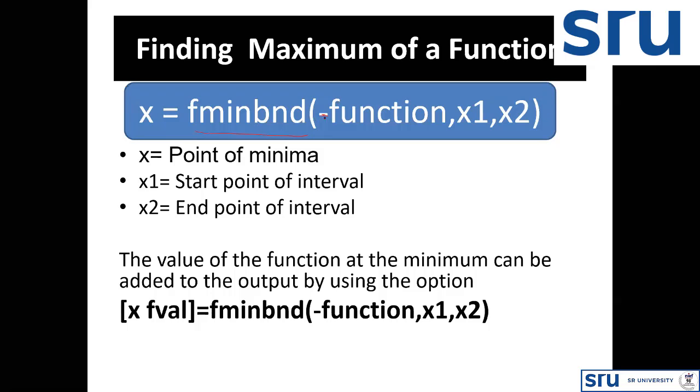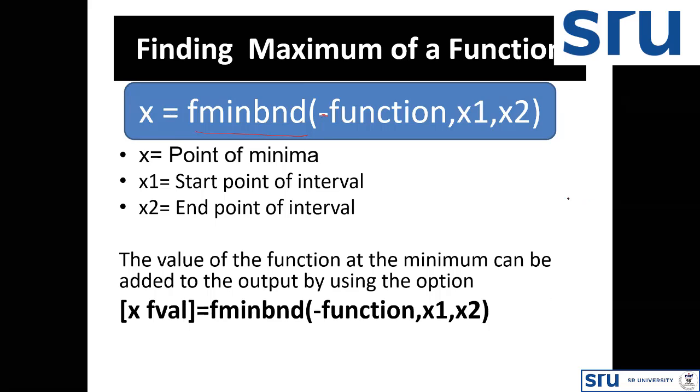So you give a minus sign before the function, then your function will be reversed. If the function has a minimum point, and you reverse its sign, then your point of minima will become the point of maxima.